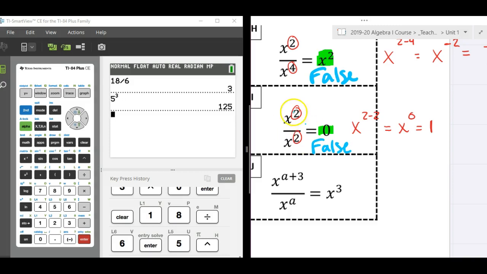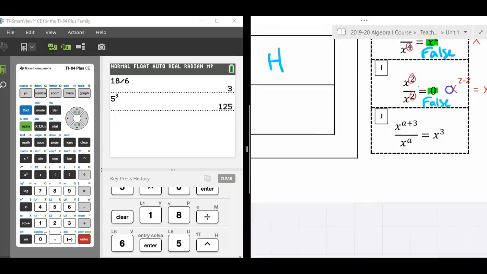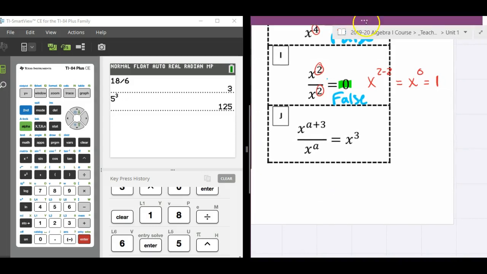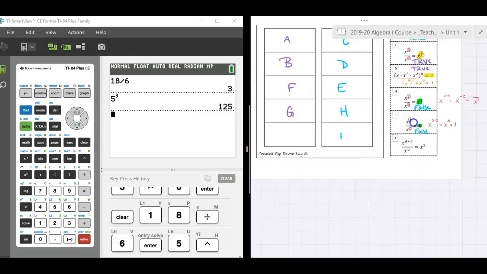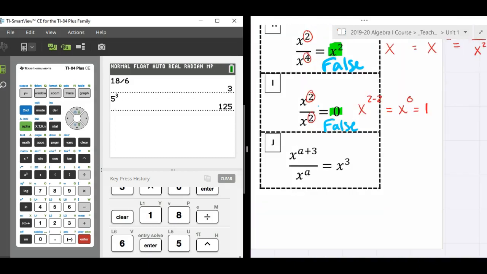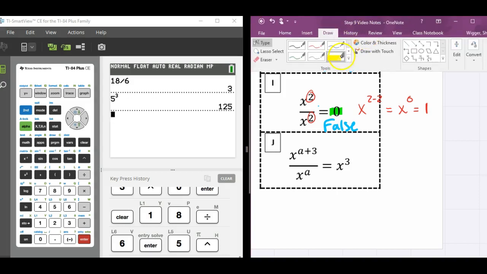That's a lesson in, even when it looks really easy, work it out. And J. Don't let it intimidate you.